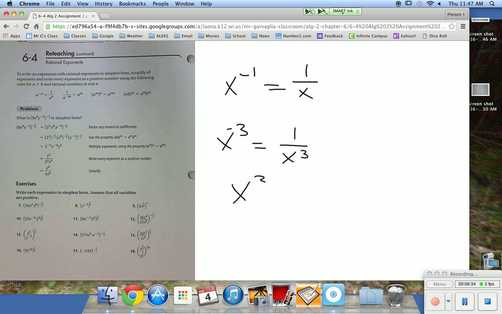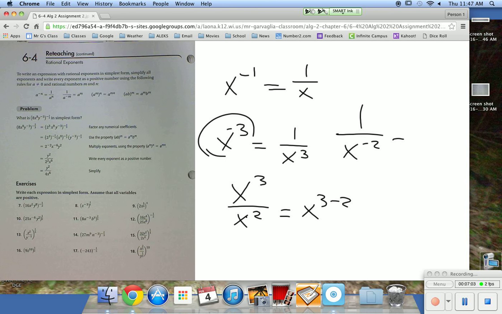Remember x cubed over x squared, x to the 3 minus 2? It's the same thing, except now we're looking at it as a negative number. A negative exponent puts it down into the denominator, or reverses it. If I had 1 over x to the negative squared, I just bring it up and make it x squared. It reciprocals it. Understandable?